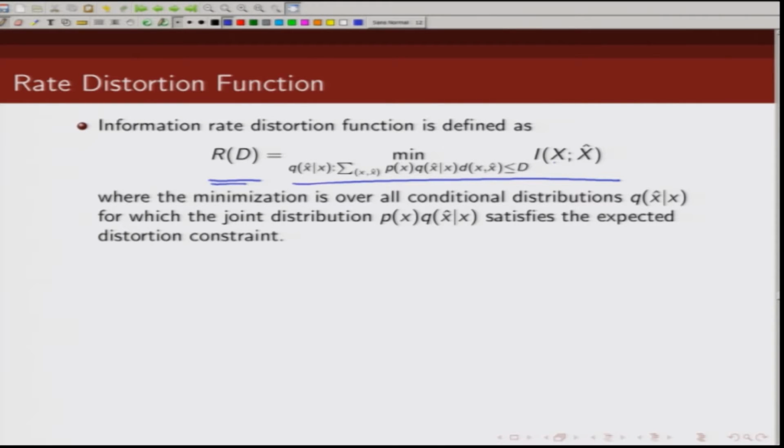So we are minimizing the mutual information between x and x hat, and remember this minimization is over all conditional distributions q of x hat given x, for which this joint distribution p x times q of x hat given x satisfies the expected distortion constraint. So this expected value of this distortion is less than or equal to d.